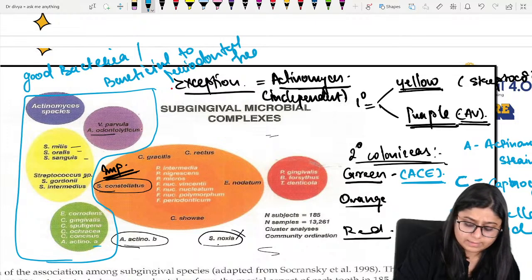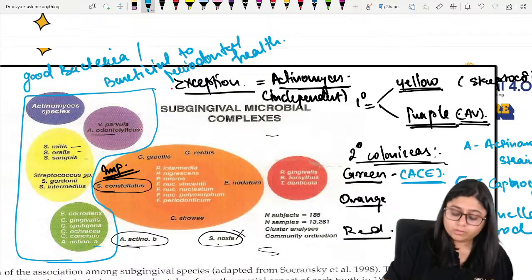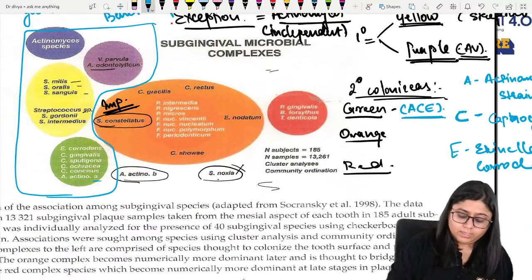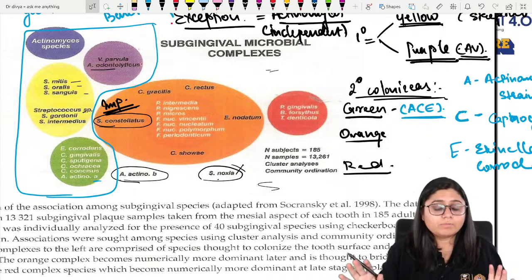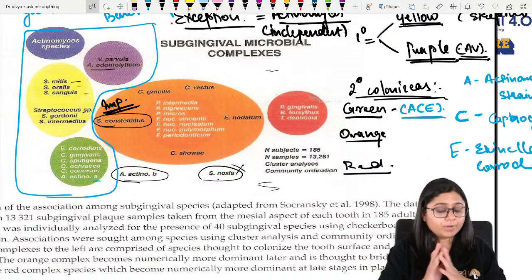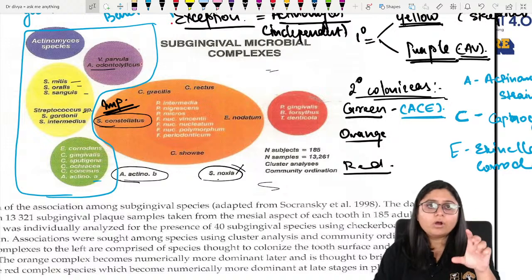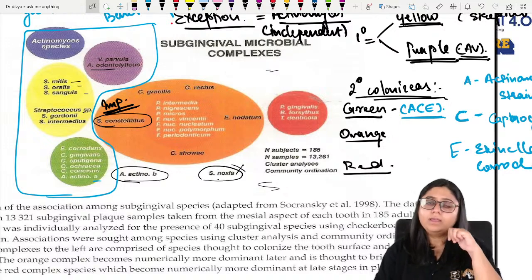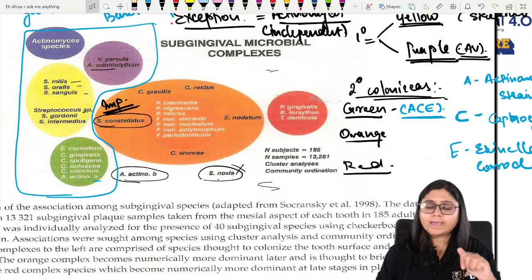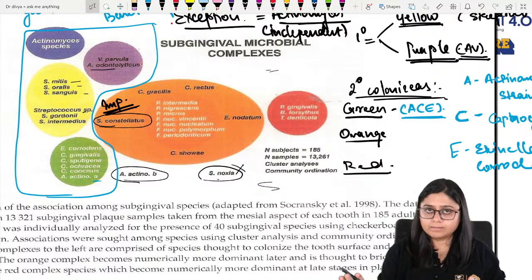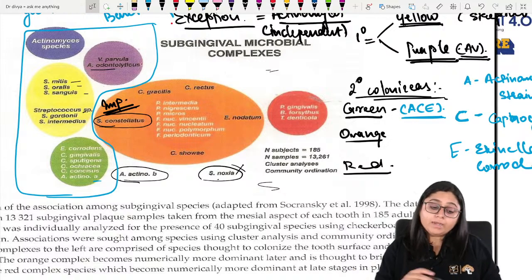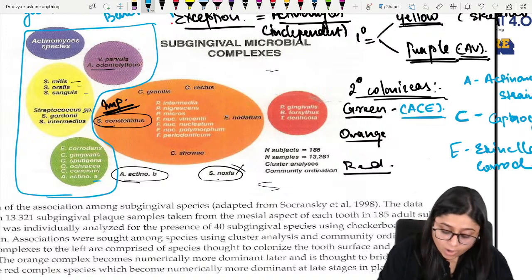The yellow complex, the purple complex and the green complex are good bacteria. You need not remember all the names. Just for the green complex, you need to remember the mnemonic ACE: A for strain A of Actinobacillus actinomycetemcomitans, E for Eikenella corrodens, and C for Capnocytophaga species. That's it. Now let us come to the orange complex.